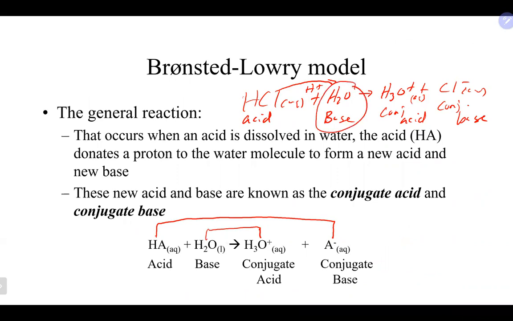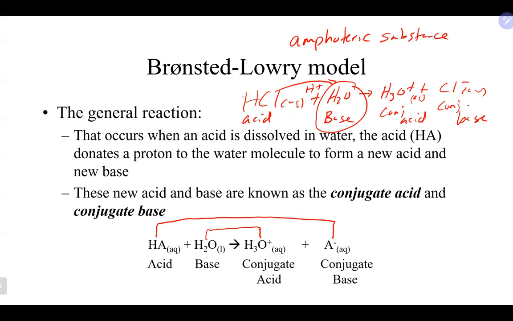And there are substances like water that can, in certain cases, act as an acid, and in other cases, act as a base. Those are what are referred to as being amphoteric. So an amphoteric substance is a substance that can act as either an acid or a base, and water is a prime example of that.